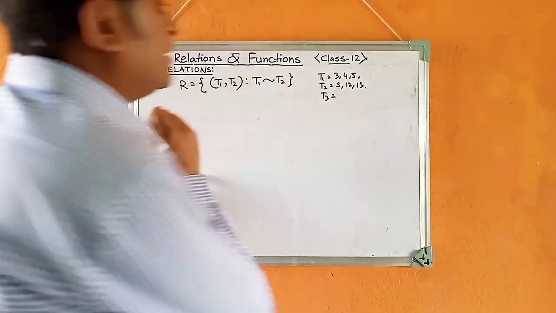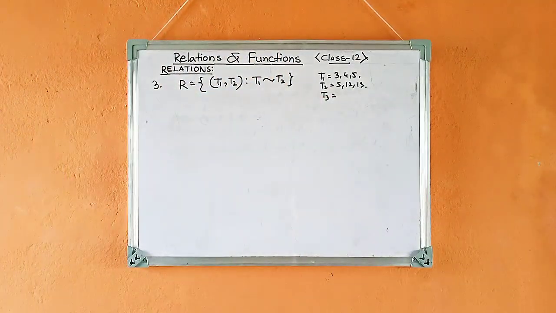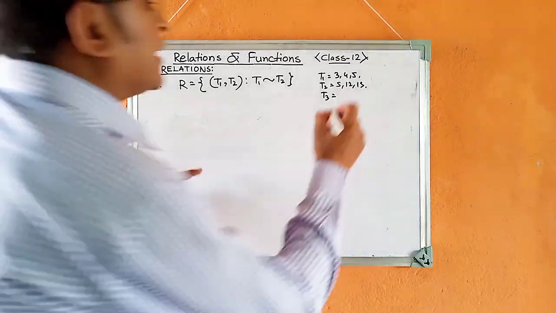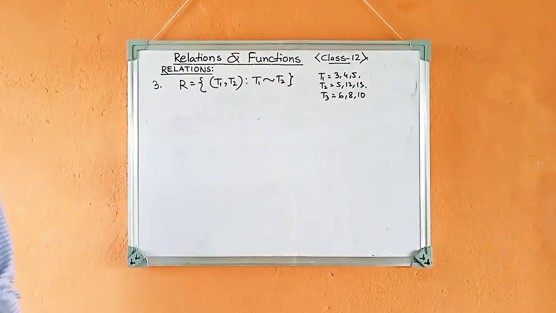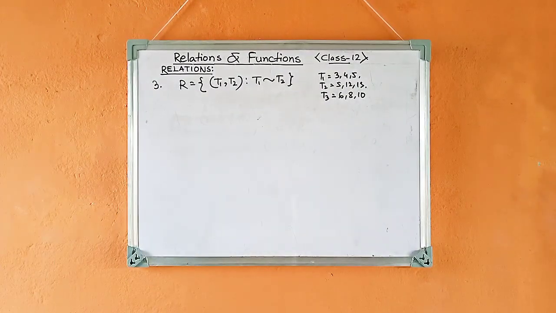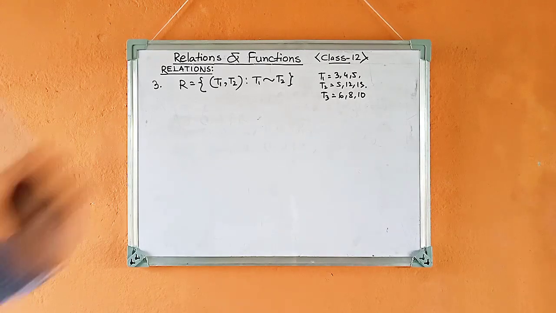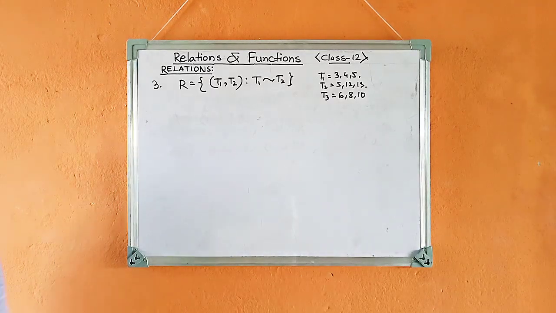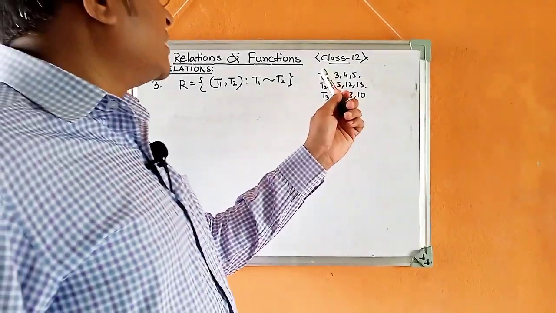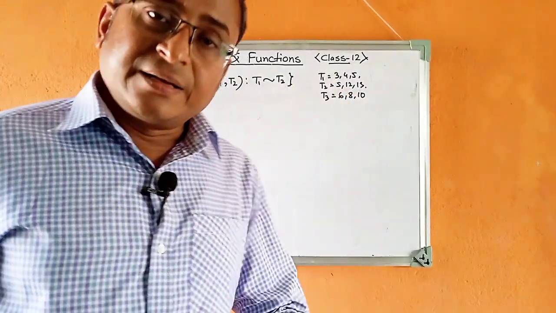And triangle T3 has three sides 6, 8, 10. The question is, with the sides given for the three triangles T1, T2, T3, which triangles among T1, T2 and T3 are related?